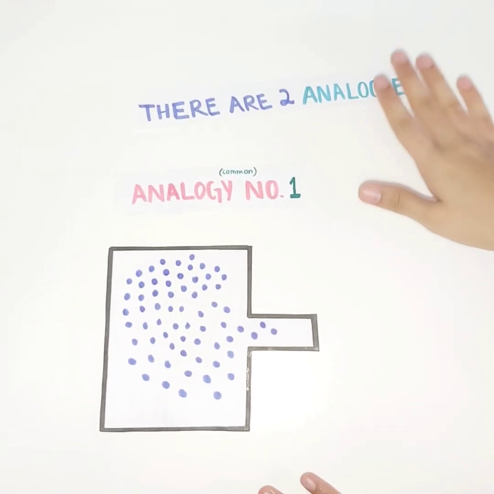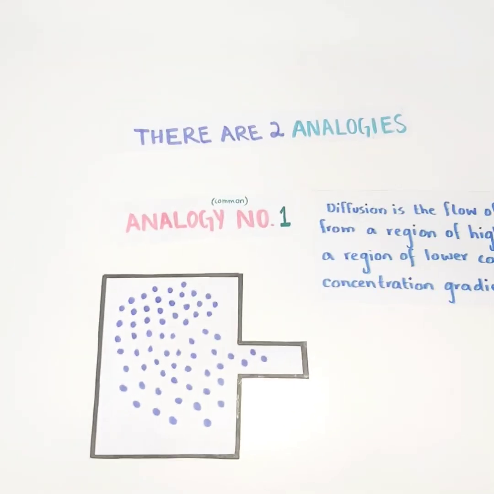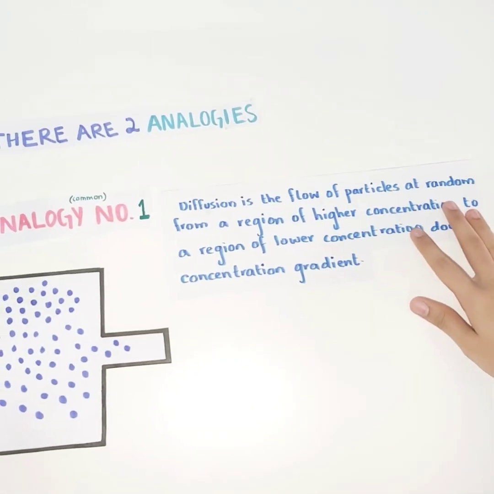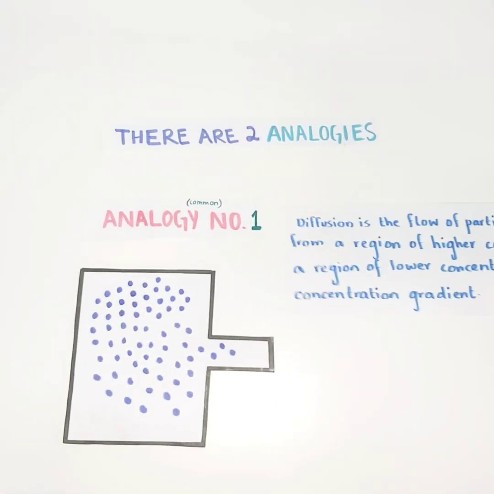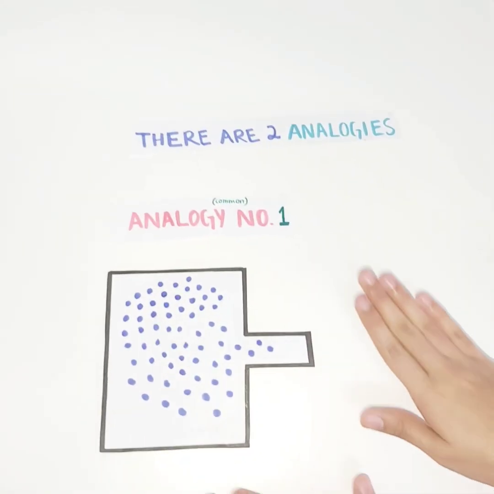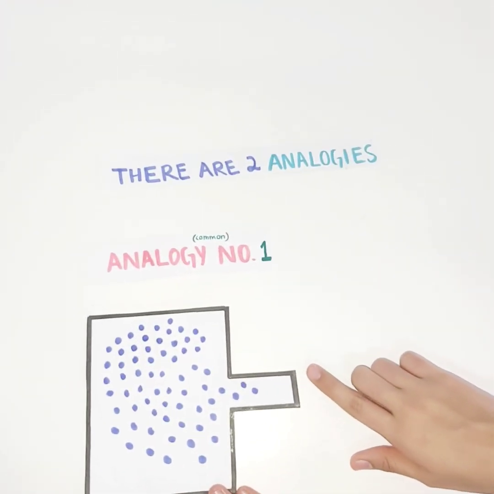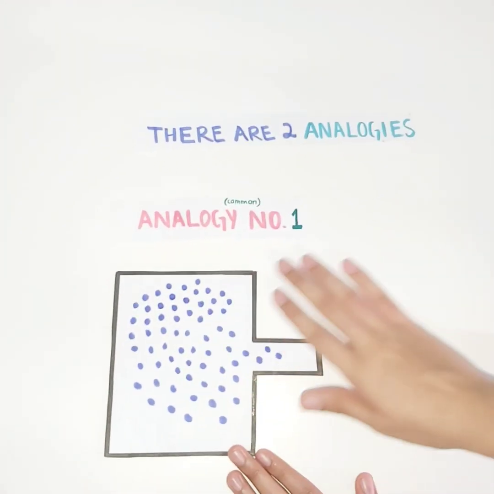There are two analogies by which this definition can be properly explained, but I'm going to show you analogy number 1. Suppose that this is a closed room, and you can see there is no outlet for the molecules to go out.